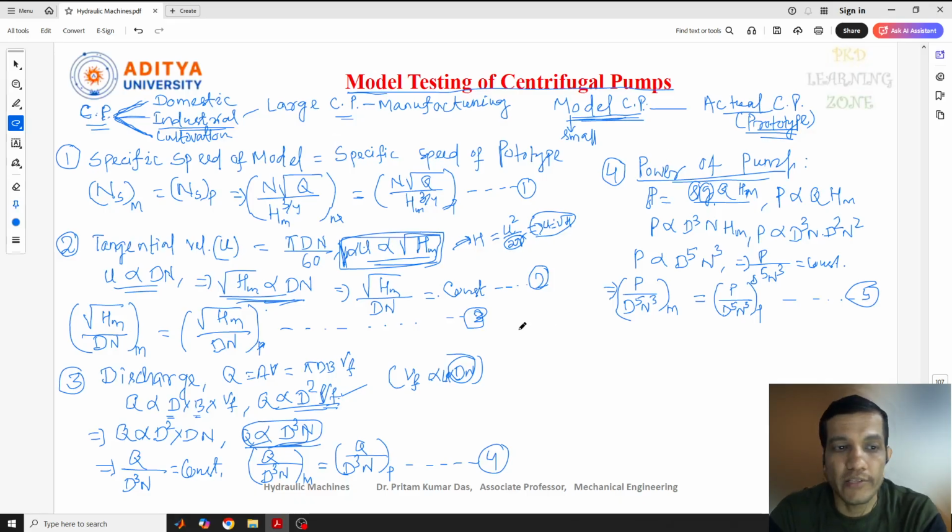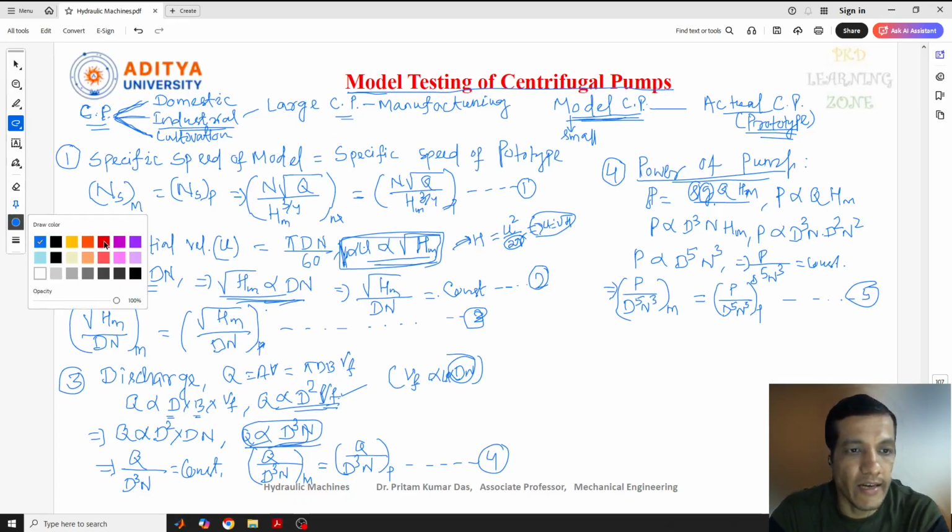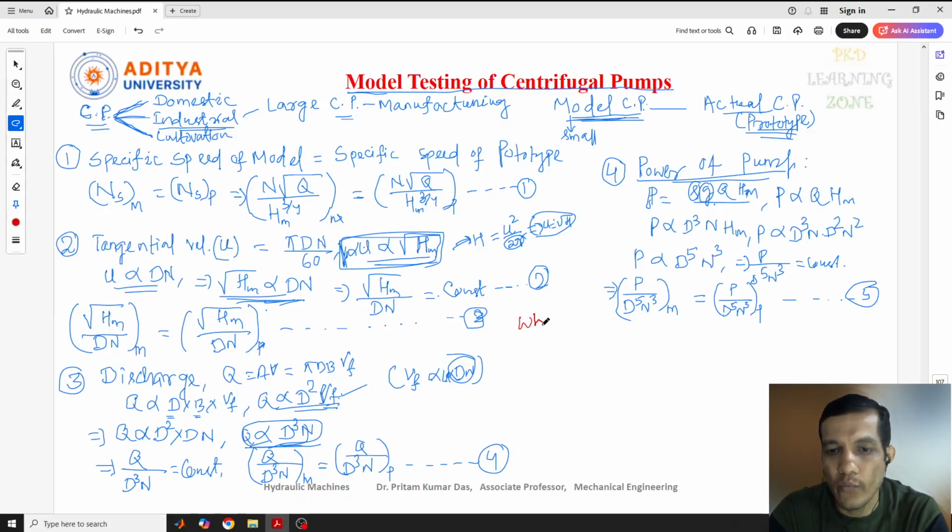Now the question is, why are these things required? If I go for this, what will be the benefit? The first one I can say is to identify or verify the performance of the pump.